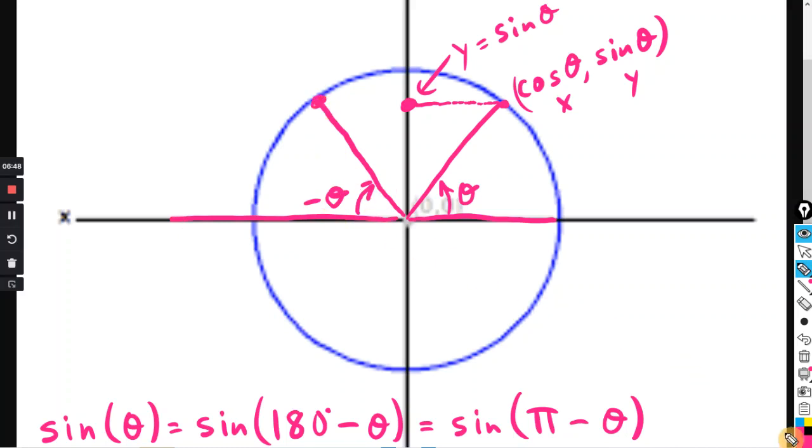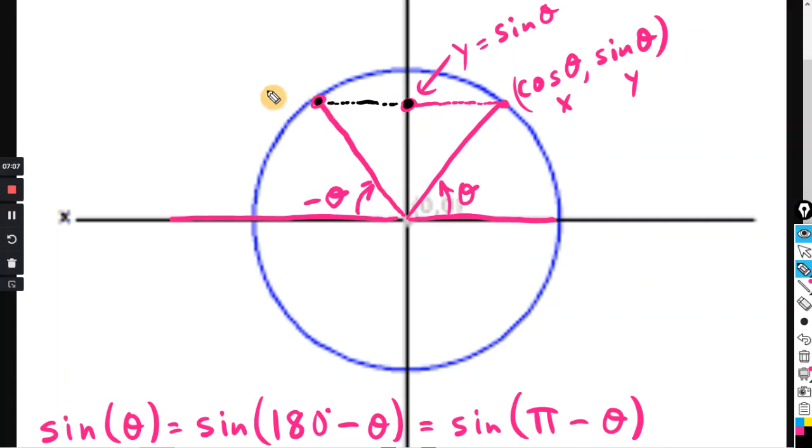So that point right there, if you traced it, we're looking for the y-coordinate. If you traced it to the y-axis, you can see it meets the same point. All right, it's not the same x-coordinate, but it is the same y-coordinate, so it works for sine.